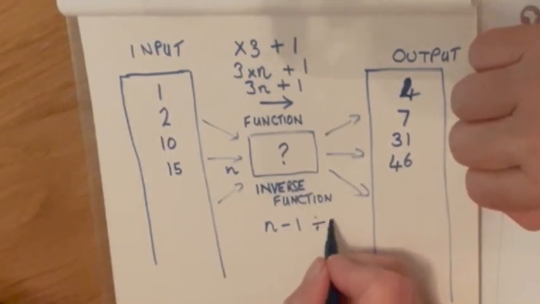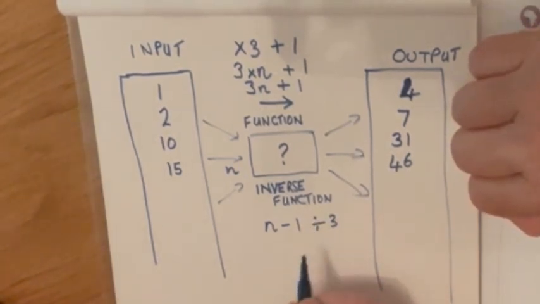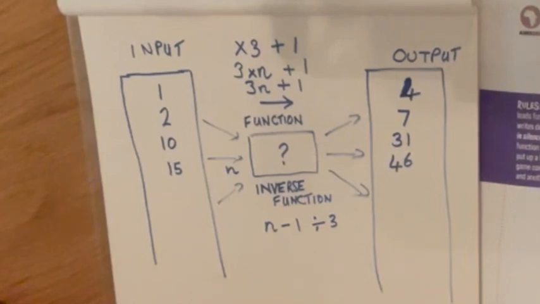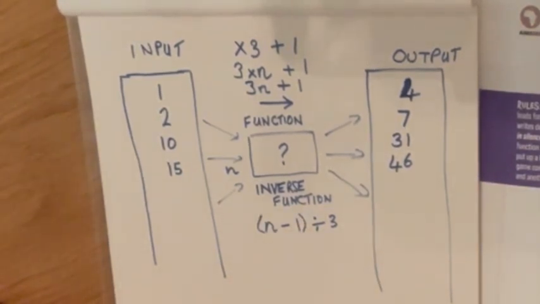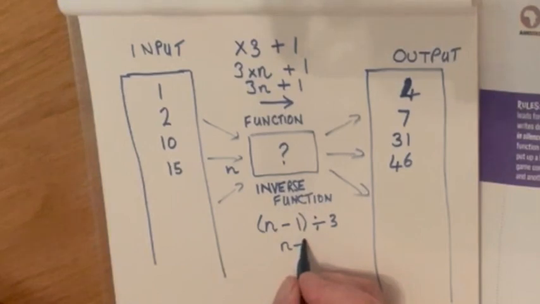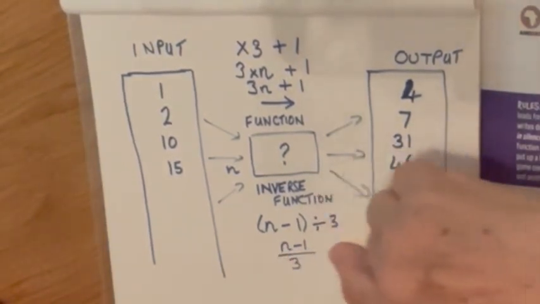We need to use brackets, or to make it clearer, we write n minus 1 over 3 like that.